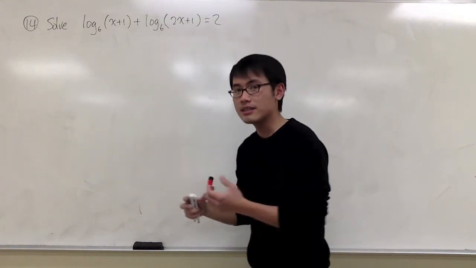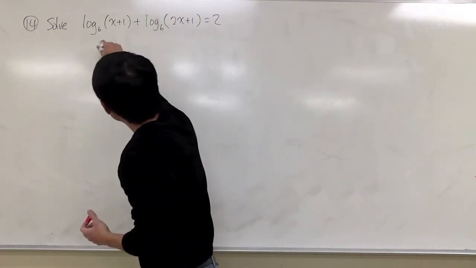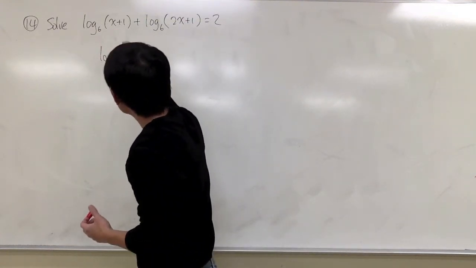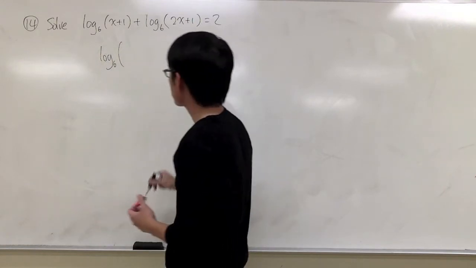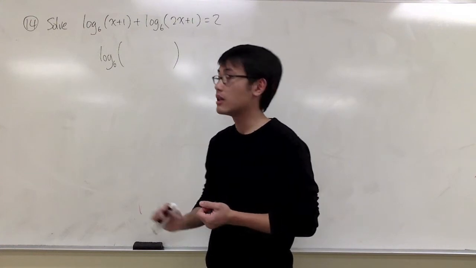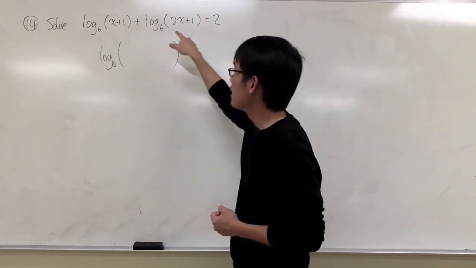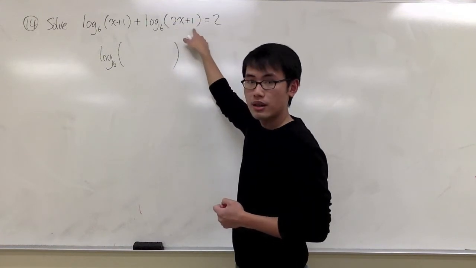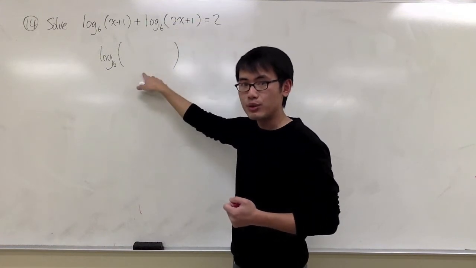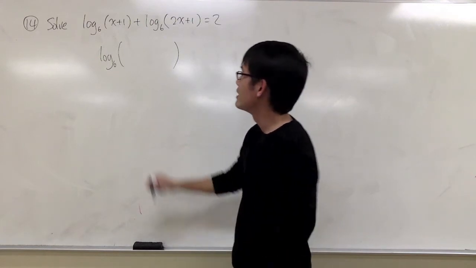And here we have two logs, and they are adding. The way to condense addition of two logs is that we can first write down just one log, and open the big parentheses. For the first log, I have x plus 1. And for the second log, I have 2x plus 1. I'm going to draw them inside these big parentheses, and then they will be multiplying with each other.